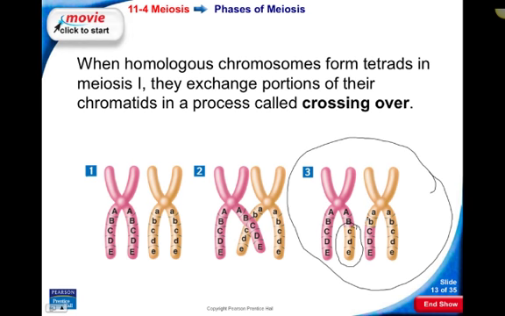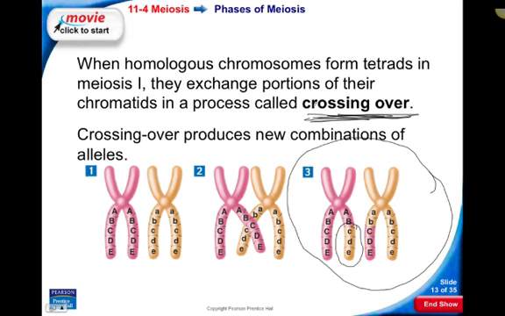This is how the genetics in sexually reproducing organisms shuffle each other, how they get all mixed up. Again, this is called crossing over. This allows for new combinations of alleles. So this is how all organisms look different.